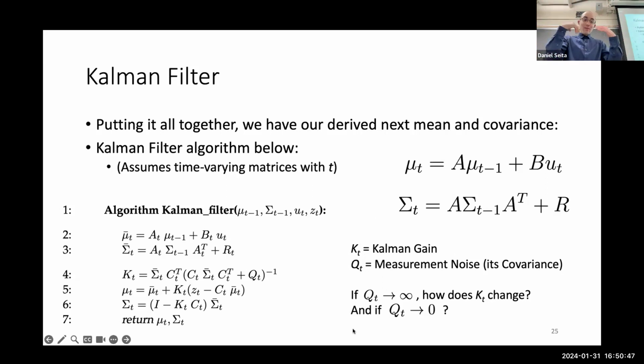Whenever I look at the math behind some matrices, it helps to think about what happens if your noise is at different extremes. So if you have no noise, then this Q_t will just be a bunch of zeros. So you can have the covariance be 0 in every component. And then you basically get this thing.